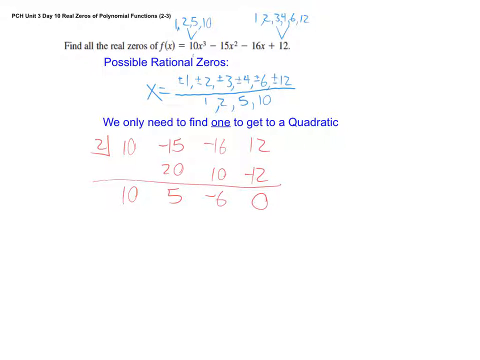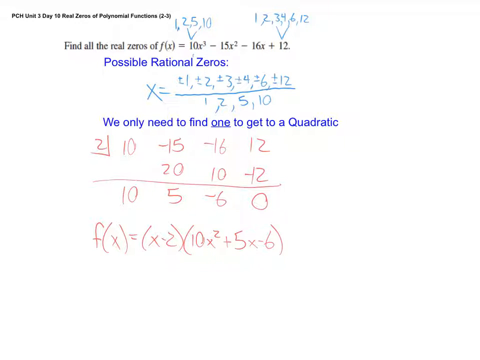The nice thing is though, once you figure out one, since this is a cubic, we could rewrite f of x as x minus 2 times 10x squared plus 5x minus 6. And then you could try to factor that, or you could use the quadratic formula to find your last 2 zeros. You don't have to keep guessing when we have a better way of doing it.